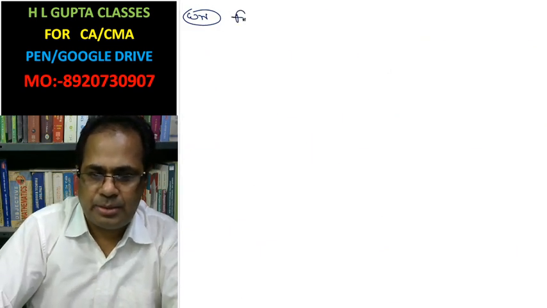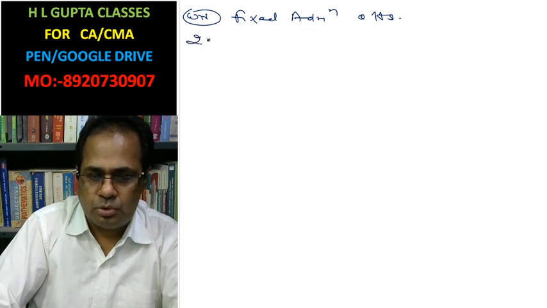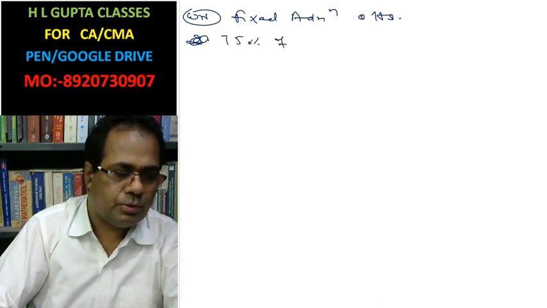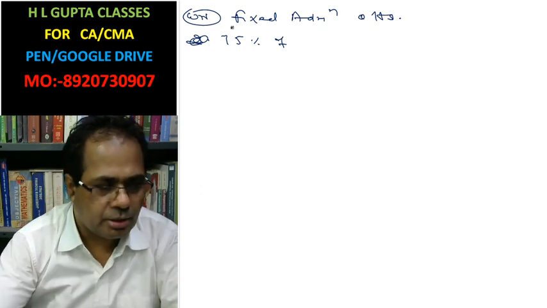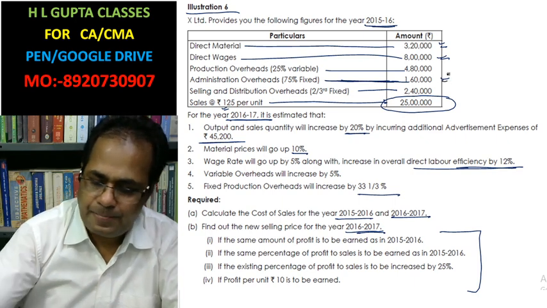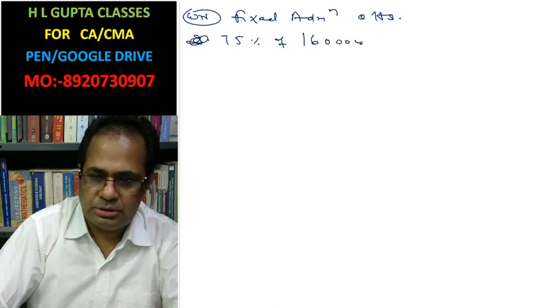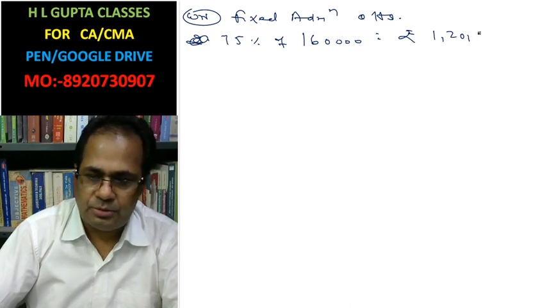Fixed administrative overhead is 75% of administrative overhead, which is 1,60,000. This is rupees 1,20,000.